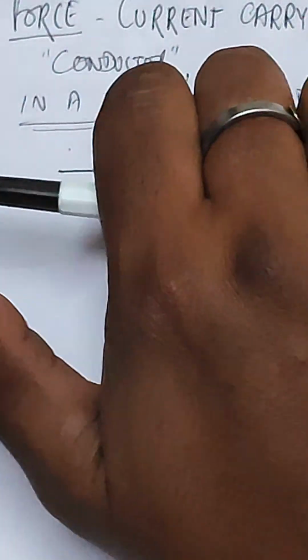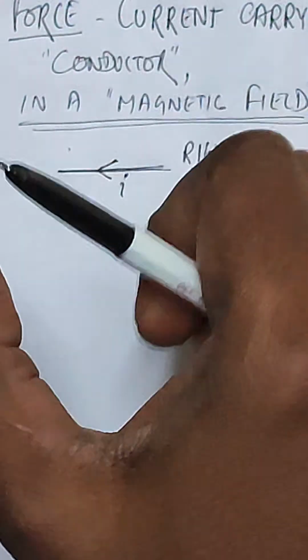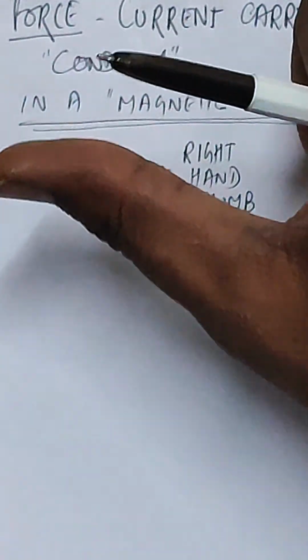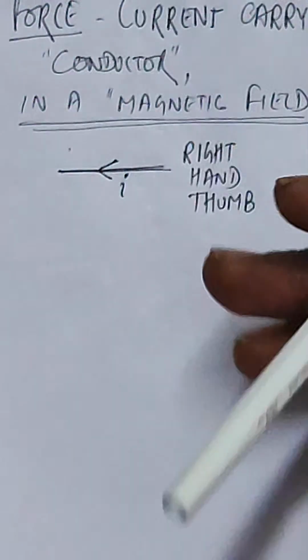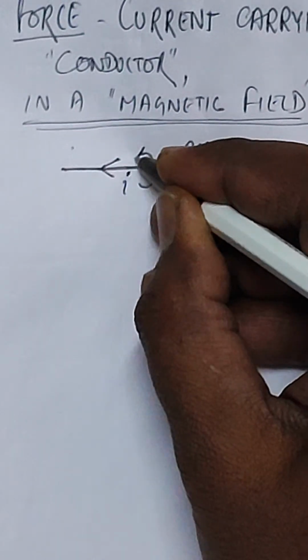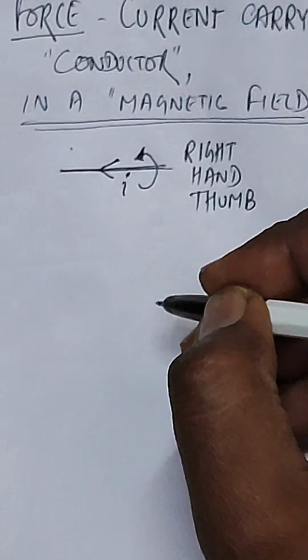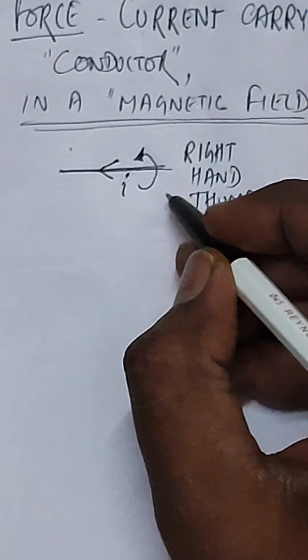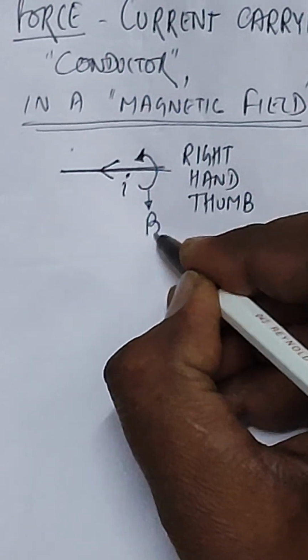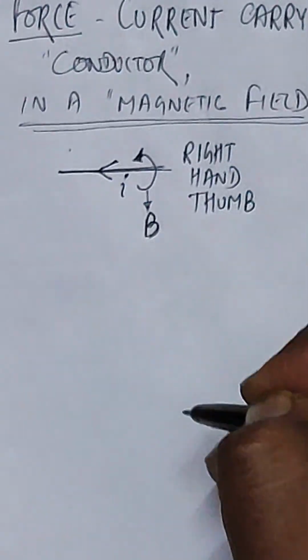Then you can see a curl is happening from my fingers, when the direction of the current is like this. This curl is initiating from here and going in this direction, and this will give the direction of the magnetic field, represented by B.